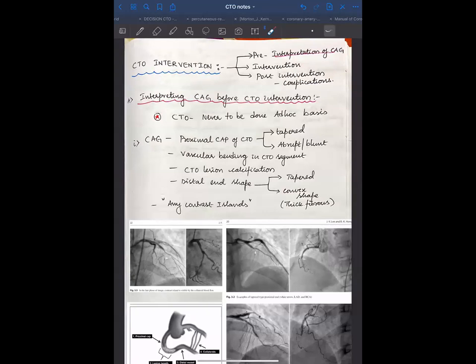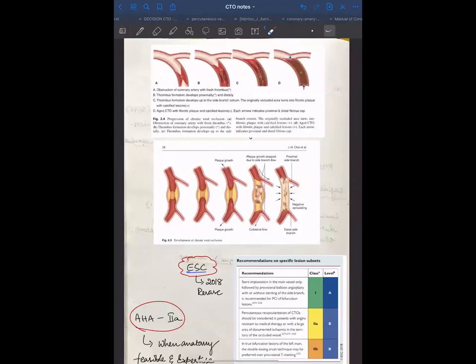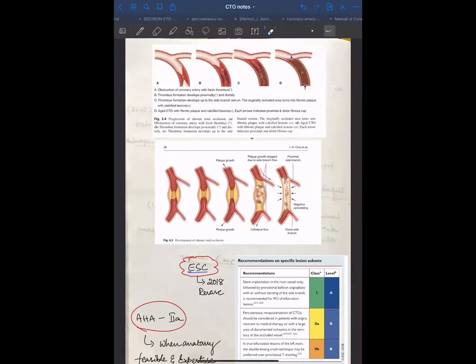Sorry to interrupt. In this indication, they mention that the patient should be symptomatic with a large area of ischemia, and only then is it a two-way indication for revascularization, right? Yeah, it's written here. Correct.